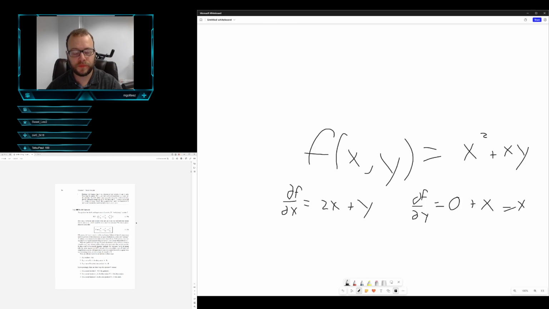So first, we've talked about the del operator, and we've defined it. It's an operation, it is not a vector. It needs something to be applied to, so it's an operation that acts upon a vector.